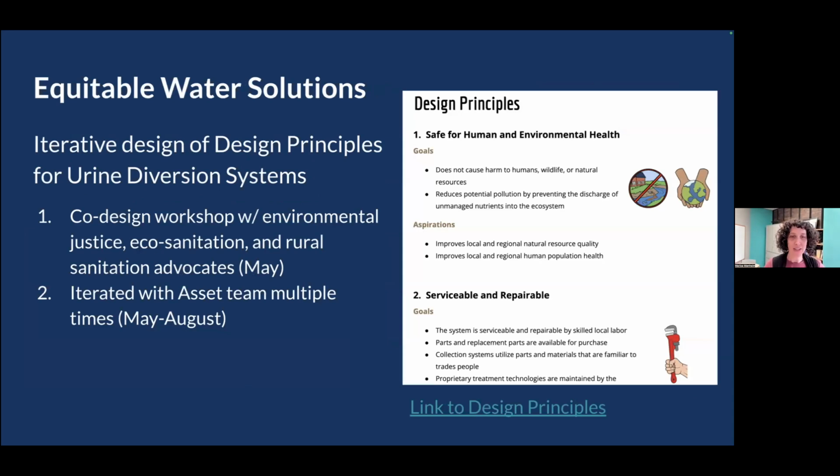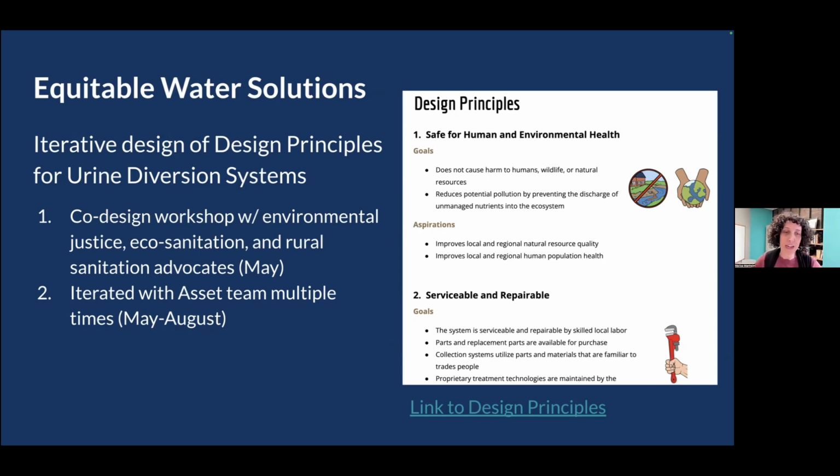Early on in phase 1, we decided to undertake the collaborative design of principles for urine recycling. The goal of these principles is to try to ensure whatever strategies we invested our energies into would actually benefit humans and the environment. So we kicked off the process of building out these principles by inviting environmental justice, eco-sanitation, and rural sanitation advocates to share their thoughts.